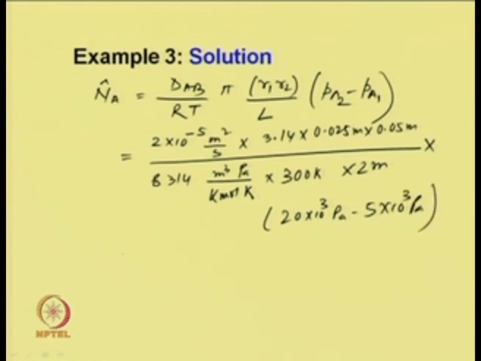So, this will be equal to 7.87 into 10 to the power minus 10 K mole per second.